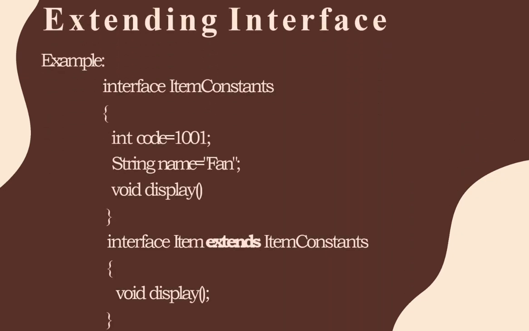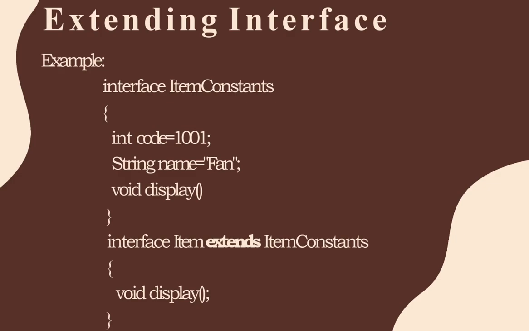Okay, let's see an example regarding this. Earlier we also saw an interface called item, so keep that in mind, and now we will move on to this example. Here we are defining a new interface called item constants, and we have defined the variables and method inside it, that is int code equal to 1001, string name equal to fan, enclosed in double quotes, and then you have a void display method.